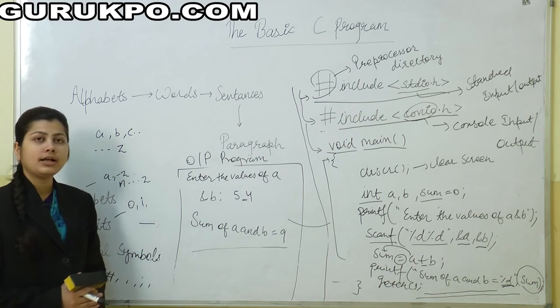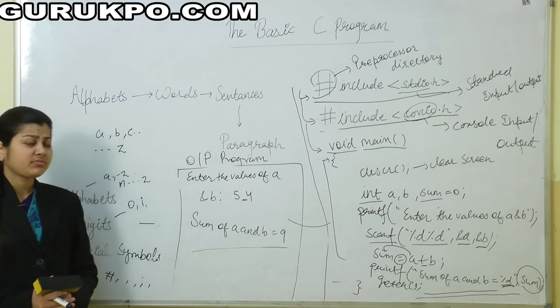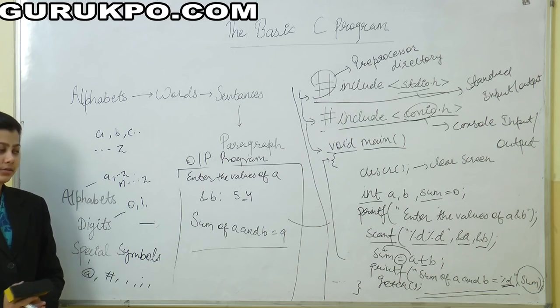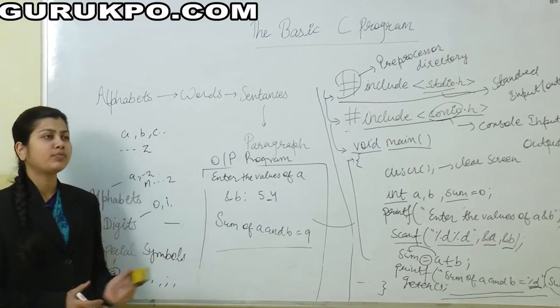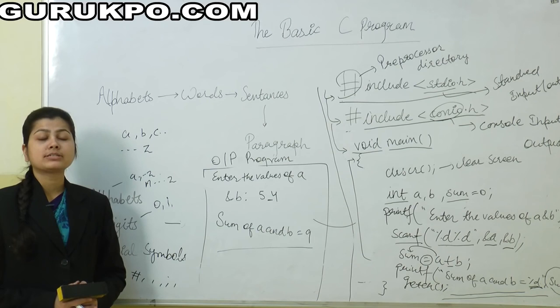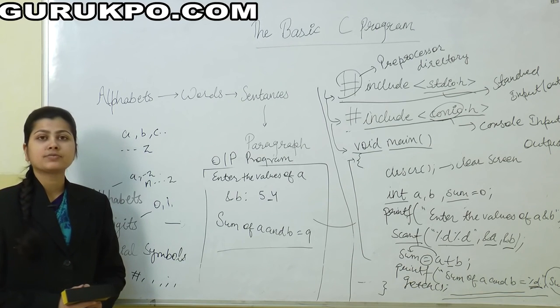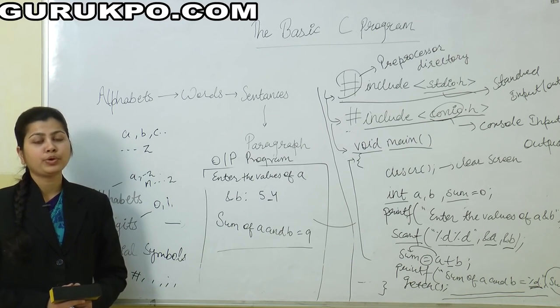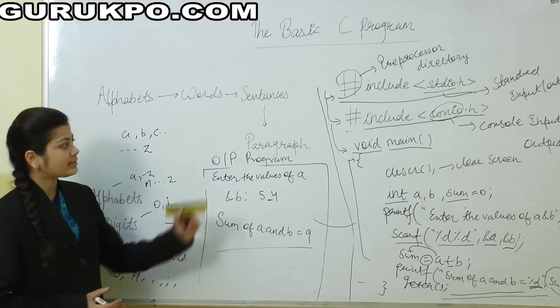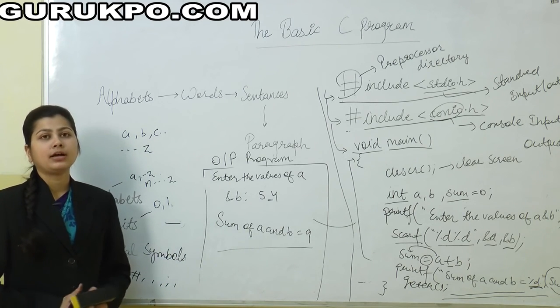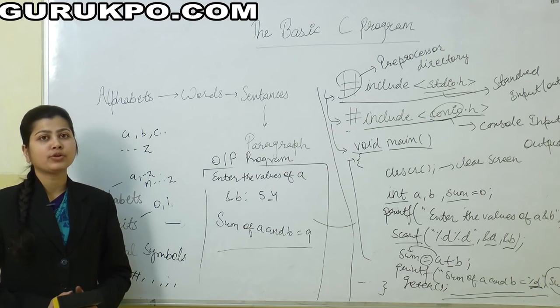This is the first basic high level language used in programming. Compared to C, languages such as PL/SQL and Algol are more complex, but C is very user friendly and very easy to use and understand. So this is the basic C program to print anything, any statement you want. Thank you.